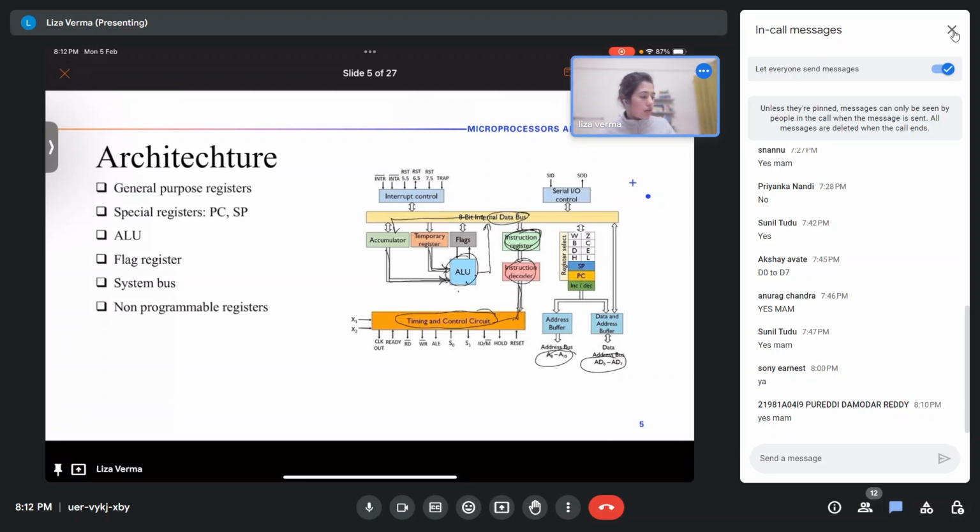Any doubt about the non-programmable registers or the architecture in general?